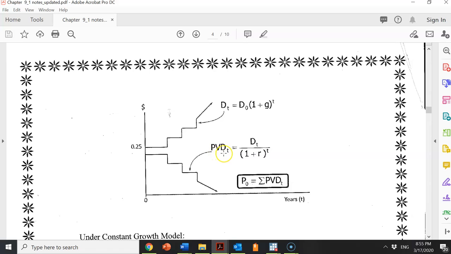The present value of dividend t is going to be Dt over (1 plus r) to the power of t. Discount the dividends one by one, and it's going to be smaller and smaller. Our stock price P0 is going to be the sum of the present values of the dividends. Even though the present value of each dividend is going down, P0 is still going up because we're adding more and more dividend present values.